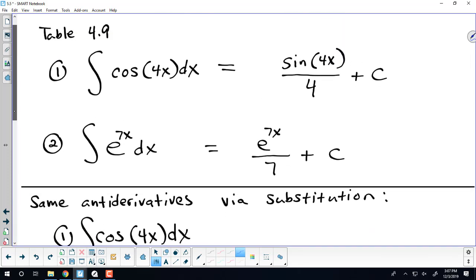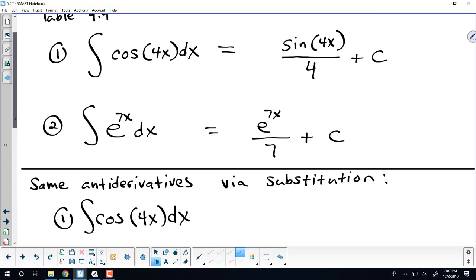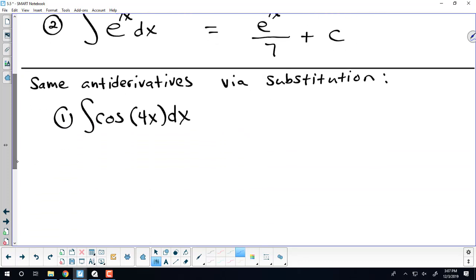So a couple of these ones from the table, like cosine 4x or cosine of ax, e to the ax, those antiderivatives are really computed using substitution. It's a lot more efficient to just know them, but if we were going to substitute here, we would say, all right, I'm going to let u equal 4x, and I realize at this point that the derivative of 4x is not present in that integral.